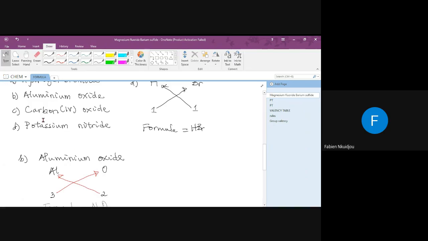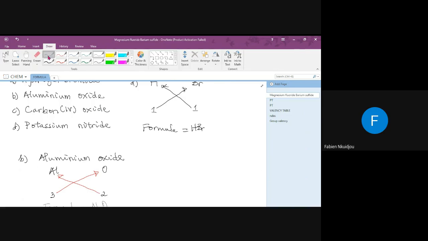What is the next? The next is carbon 4 oxide. So take note, carbon can have more than one valency. So in this case, the valency we have to use has been indicated in parentheses. So it is 4. And we have oxygen. Those are the two elements.